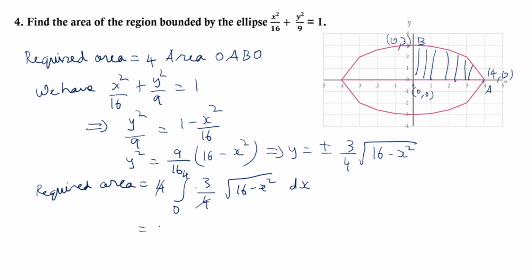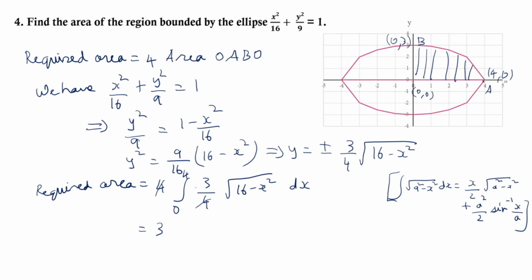This is equal to 3 into the integral. We know that the integral of root of a square minus x square dx is equal to x by 2 root of a square minus x square plus a square by 2 sine inverse of x by a. So we can use this formula and find the answer.